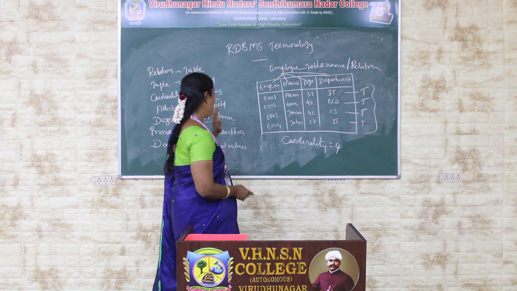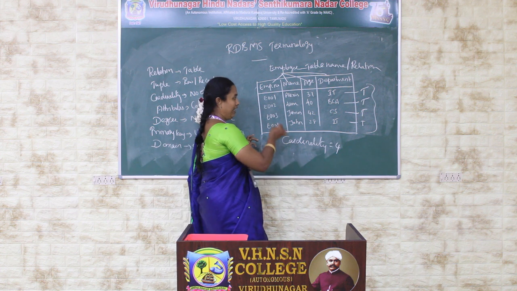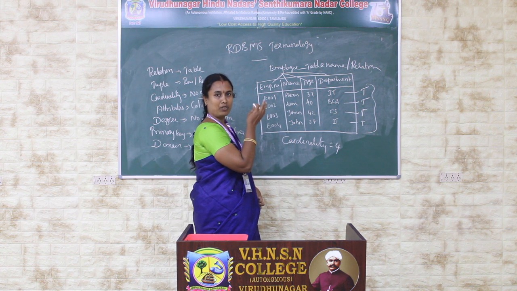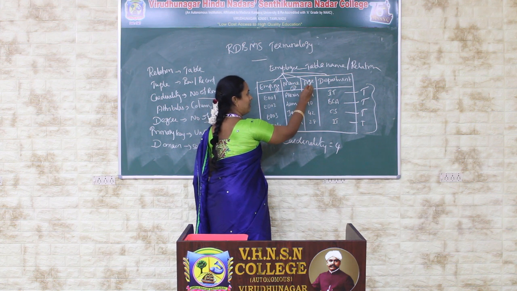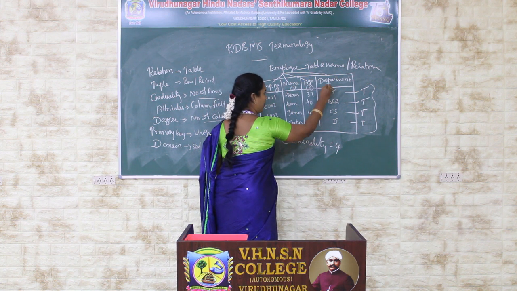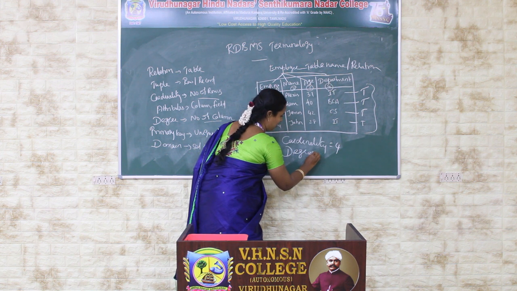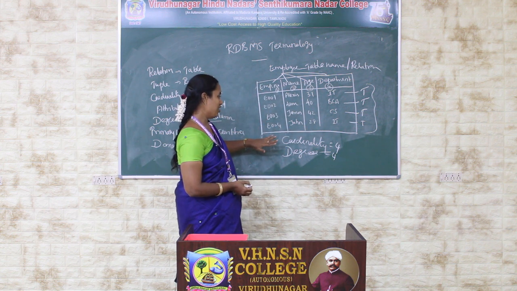The next, degree. What is the degree? Degree specifies the number of columns. In this table, how many columns do I use? Employee number, name, age, department. So the degree of my relation is 4. So cardinality is 4, degree is also 4. Why?